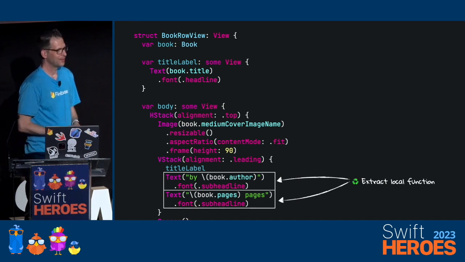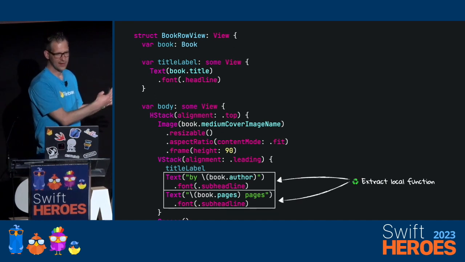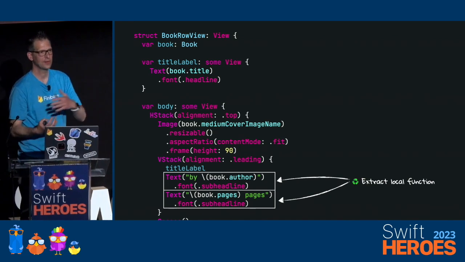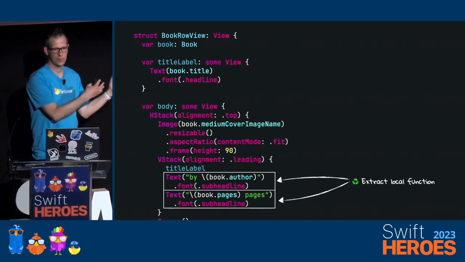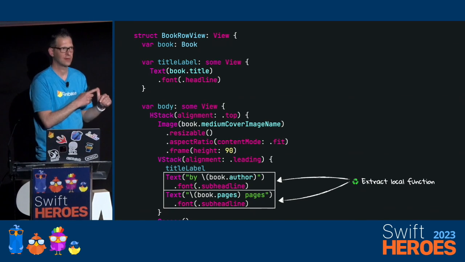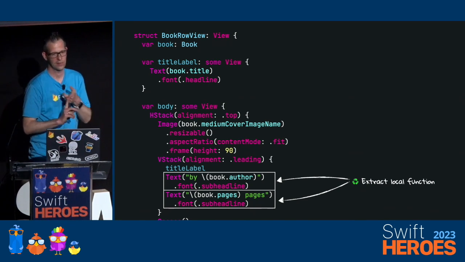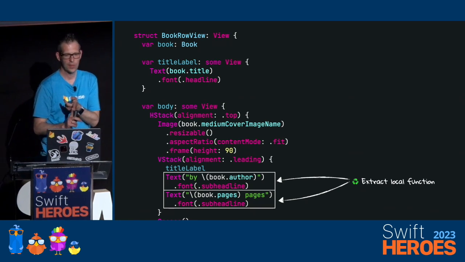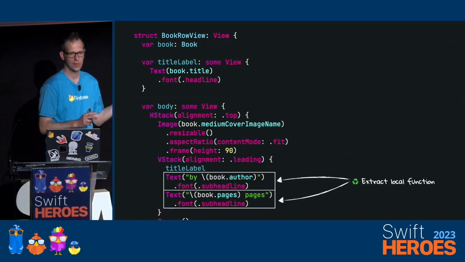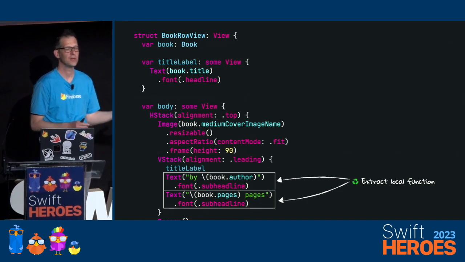What about these here? They access different things. Instead of accessing just one thing, the first one accesses the author, the other one accesses the page count. So we can't move that into a computed property, but instead it needs to be a function.